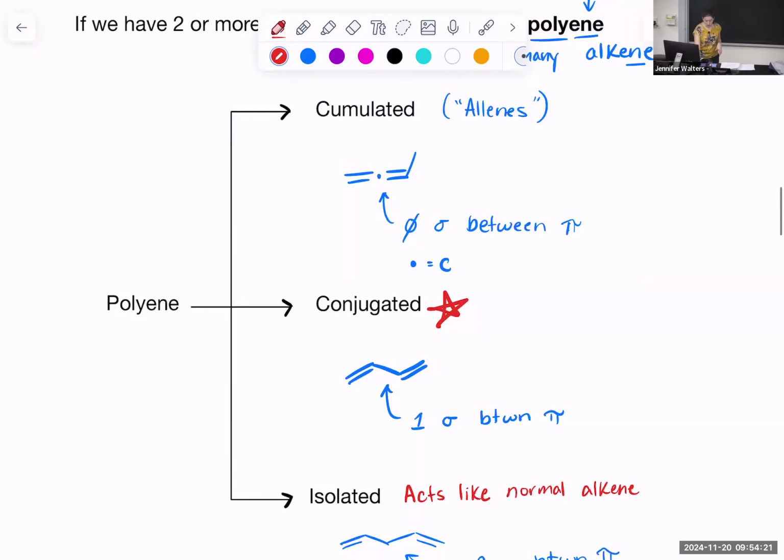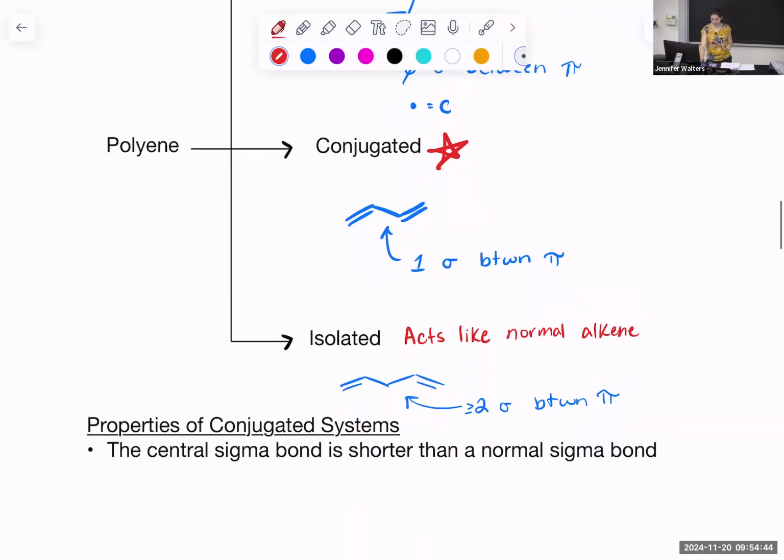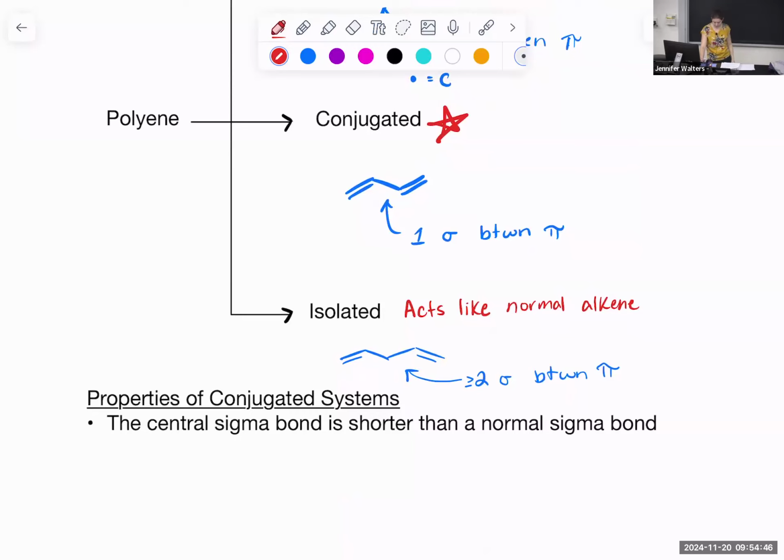Cumulated are also essentially kind of acting like a normal alkene because, again, the pi bonds aren't actually talking to each other. They just happen to be really close. Conjugated, that's where our pi bonds talk. Now they're going to have this delocalization. Now the electrons are going to be spread out. So conjugated is that special situation. That's why we're going to talk about the conjugated. What happens when I have a conjugated system?